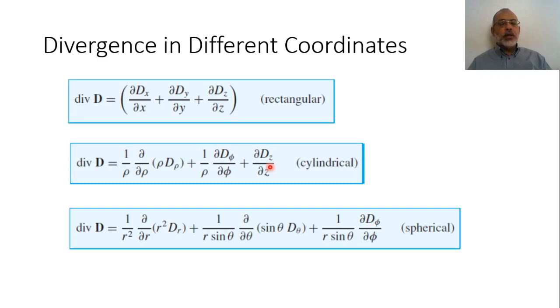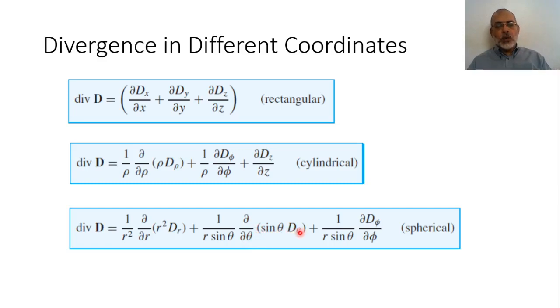Alright? In spherical coordinates, the divergence of D is 1 over r squared multiplied by the derivative with respect to r of r squared multiplied by Dr. And the same as what we have discussed here applies here. Okay? Plus 1 over r sine theta, the derivative with respect to theta of sine theta multiplied by D theta.